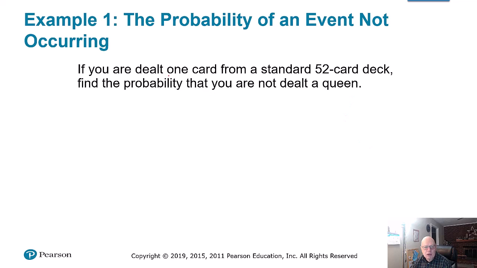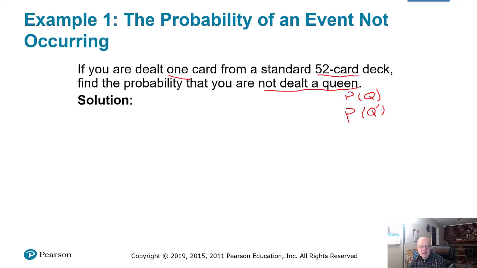We're going to pick one card from a standard 52 card deck. We want the probability that you're not dealt a queen. So the probability of a queen is your event. And what you want is the probability that you didn't get a queen, the complement of that event.